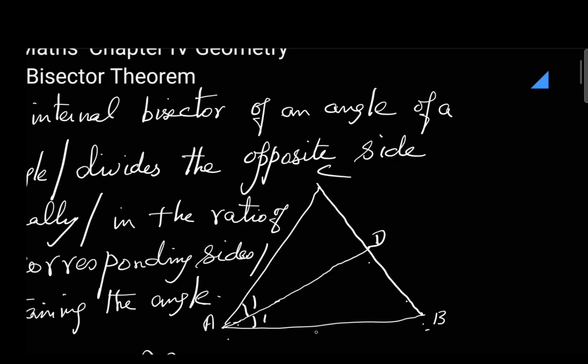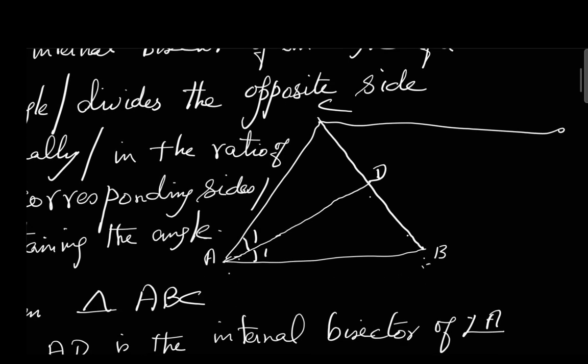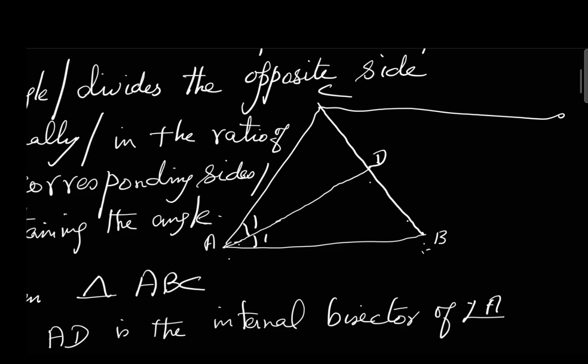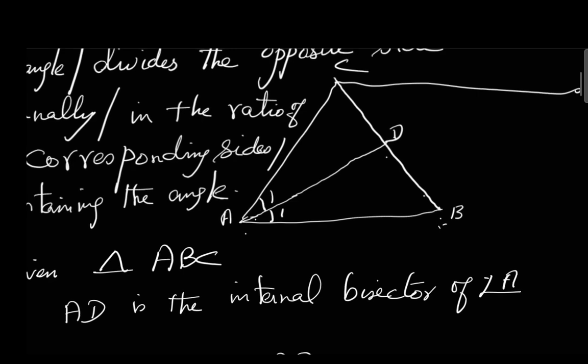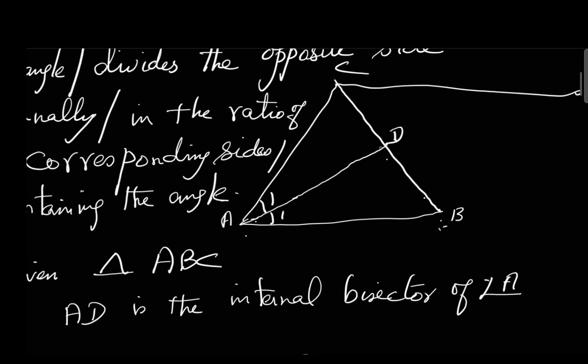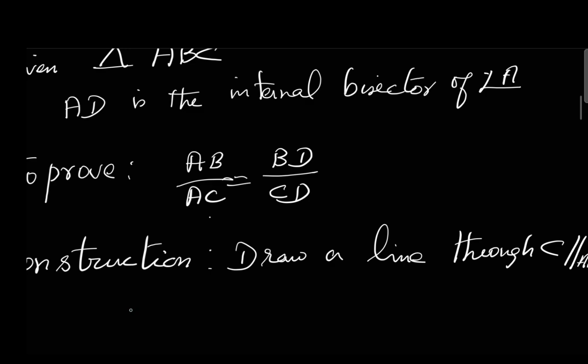So this is AB here. Through C I draw a line parallel to AB. First construction over. Next construction: extend this AD so that it meets the parallel line at E.